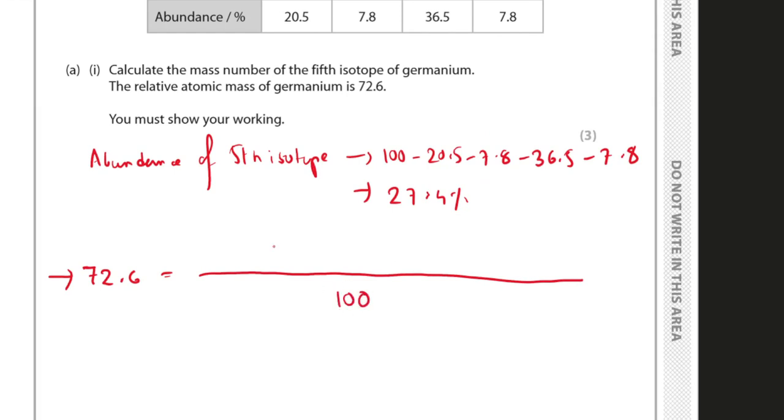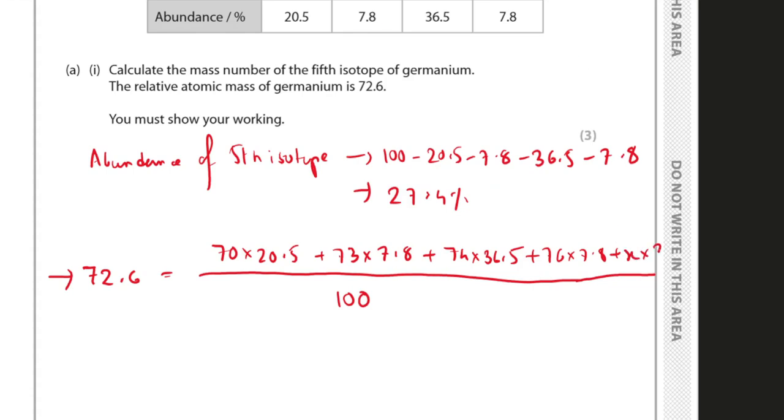So that would be 72.6 equals 70 times 20.5 plus 73 times 7.8 plus 74 times 36.5 plus 76 times 7.8, and then eventually we have 27.4, and we don't know the mass number, so we just need to find it, which would be x times 27.4, all over 100.